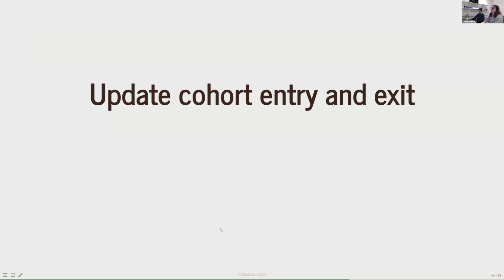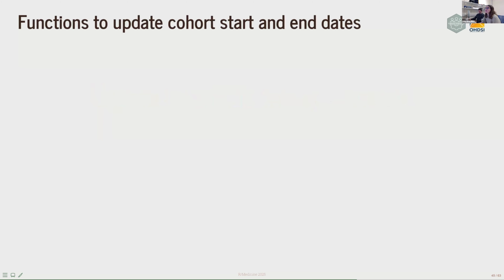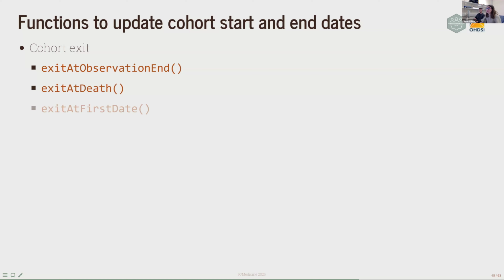So let's go now to functions that we can use to update cohort entry and exit. Functions to update cohort exit are to set the exit date to the end of observation for that person, to the death date, or also, if you have different date columns in your cohort, you can update the exit to be the first of those columns or the last one.